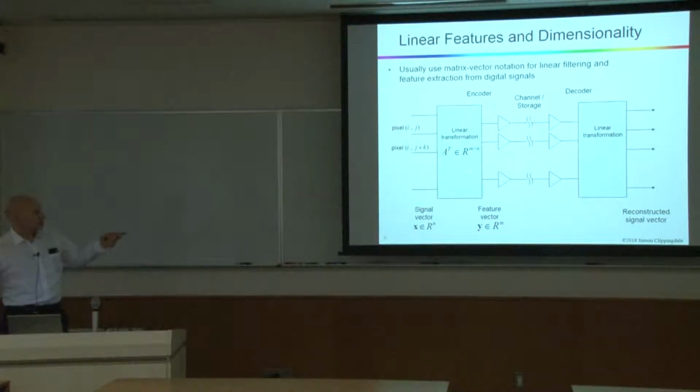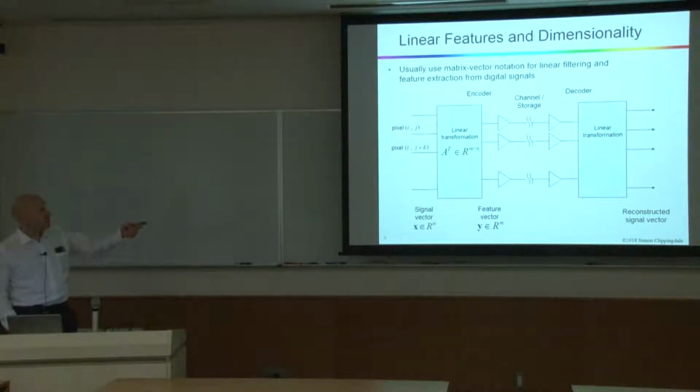And then we're going to pass it through some linear transformation, which is represented by a matrix A. The T here is the transpose of that matrix, which for various reasons we tend to use. And that's going to give us an output feature vector y, which is going to be m dimensions, so m real numbers. m could be less than or equal to n. It could sometimes be greater than n, but for coding efficiency, we'd normally be talking about less than n.